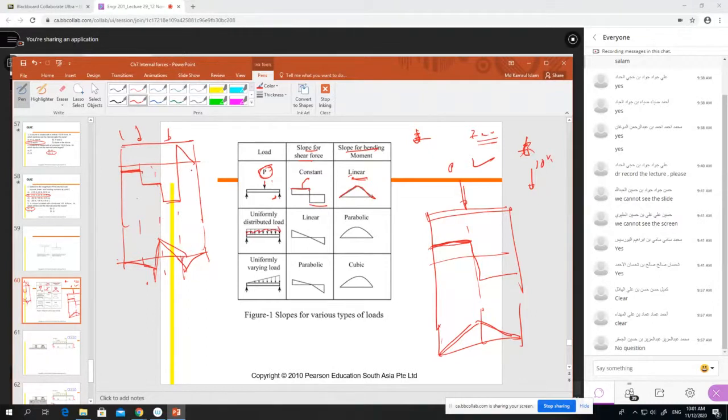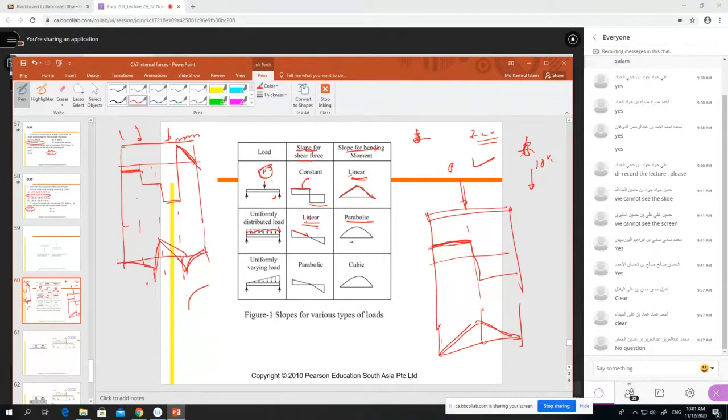When there is a distributed load, like we have here, our shear force slope was linear, so we have drawn it like this. But when the shear force is linear, our bending moment will be parabolic, and that's why we draw it like this, right? Remember, we draw like this.